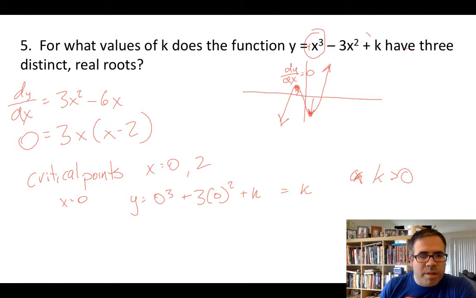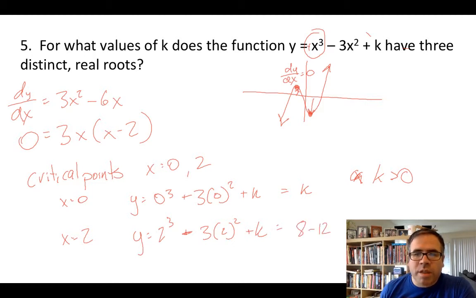From this one, we can say when x equals 2, y is going to equal 2 cubed minus 3 times 2 squared plus k, which is equal to 8 minus 12 plus k, which is equal to k minus 4.